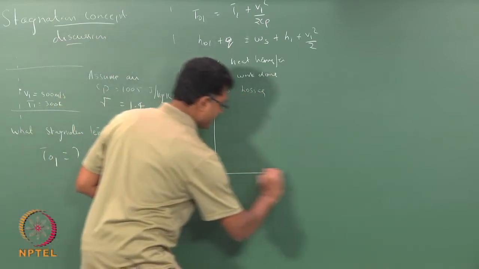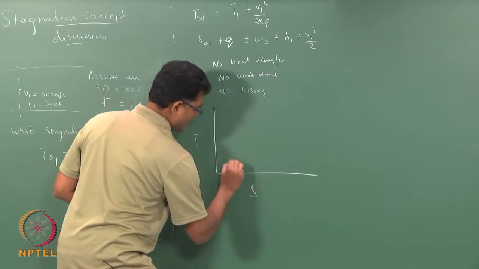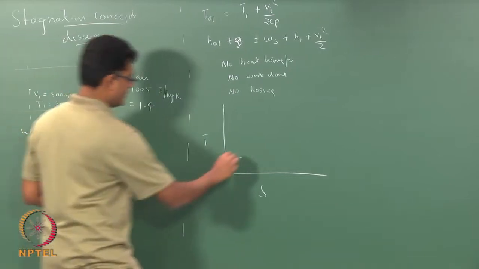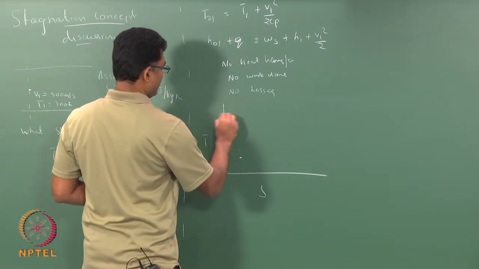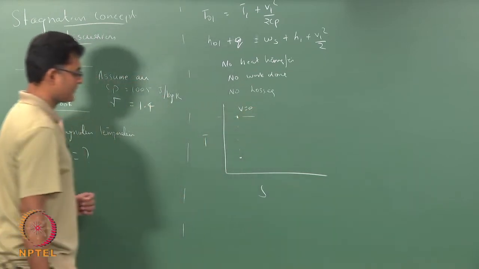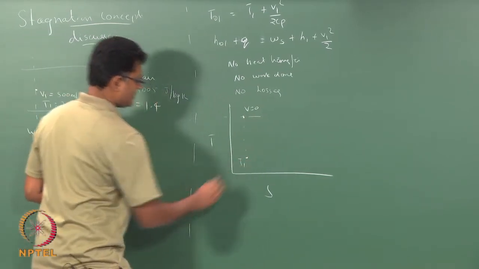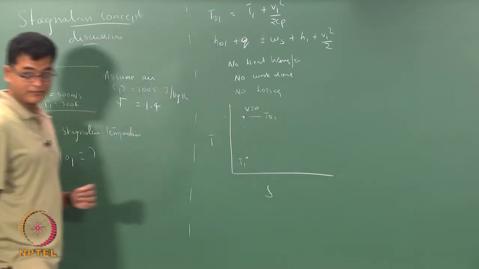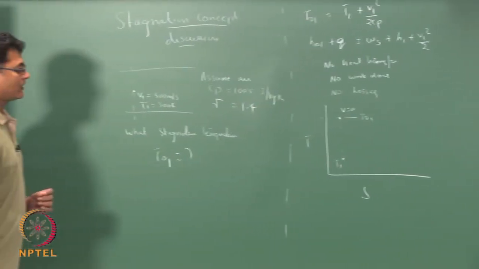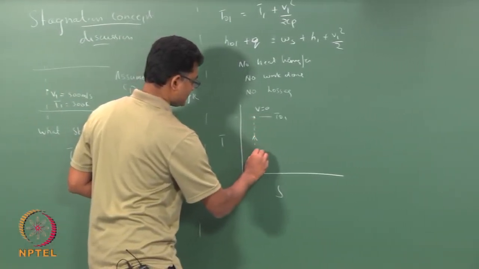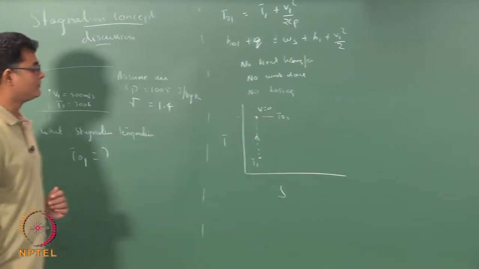So, in the TS diagram we have state 1, which we take to a state where V is 0. We know T1, we need to find T01. Okay. So, this is the imaginary process where it goes from 1 to 0.